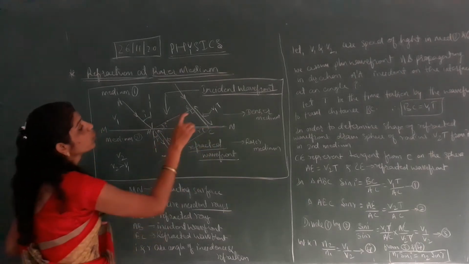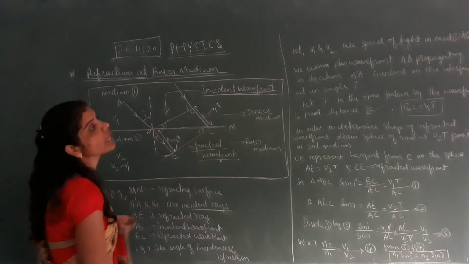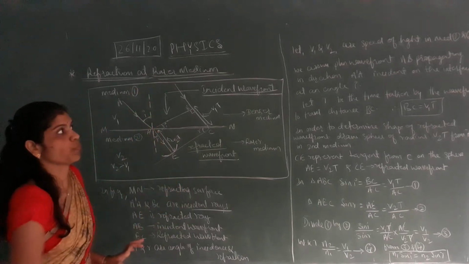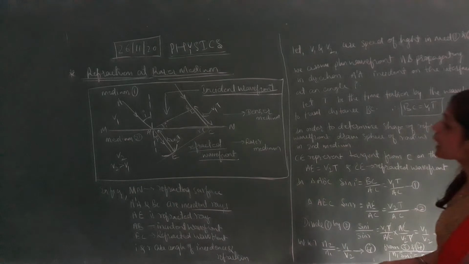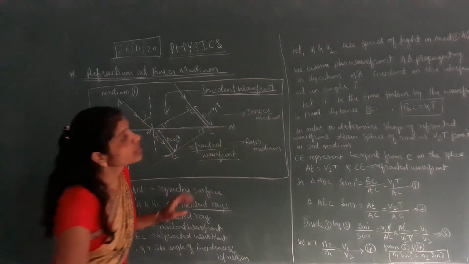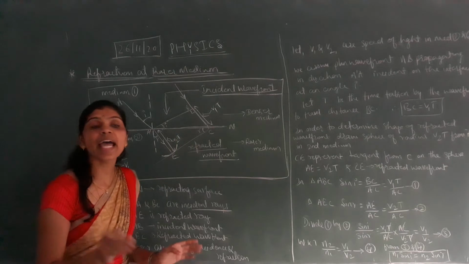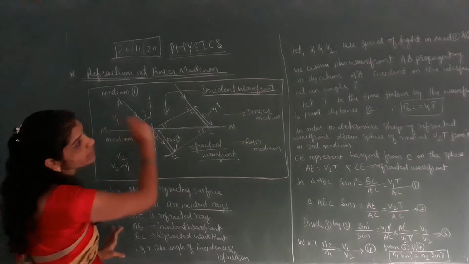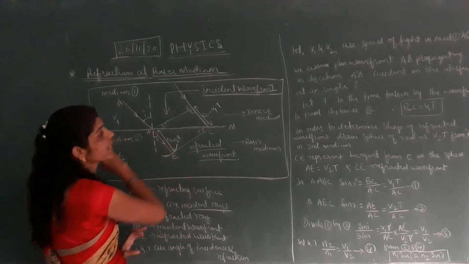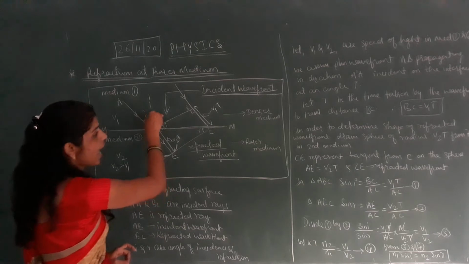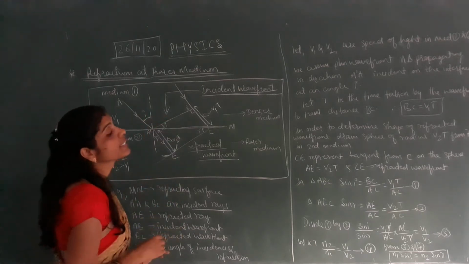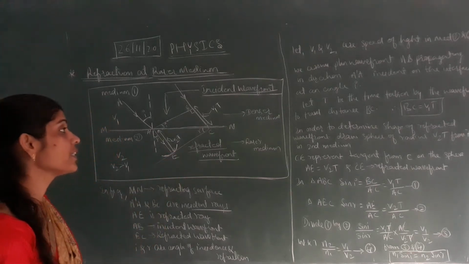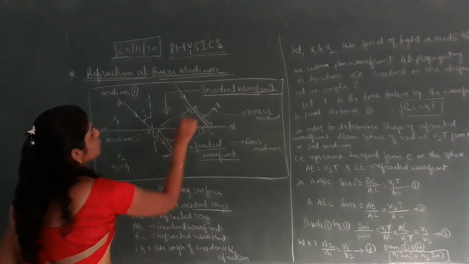Let V1 and V2 be the speed of light in medium 1 and medium 2. We assume a plane wavefront AB propagating in the direction A'A, which is incident on the interface at an angle I. Let T be the time taken by the wavefront to travel the distance BC.